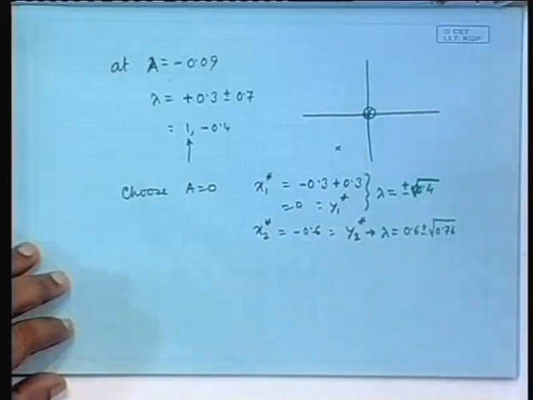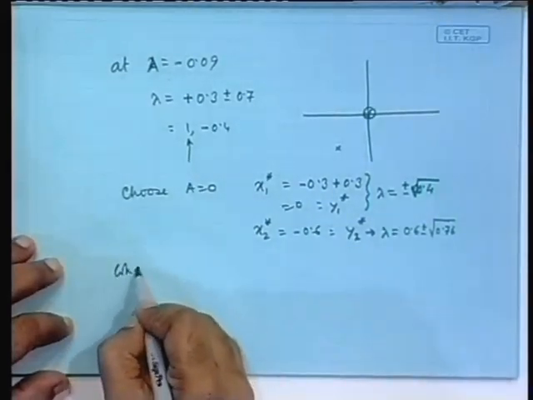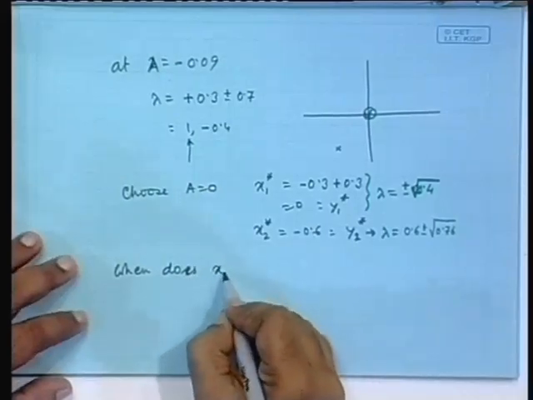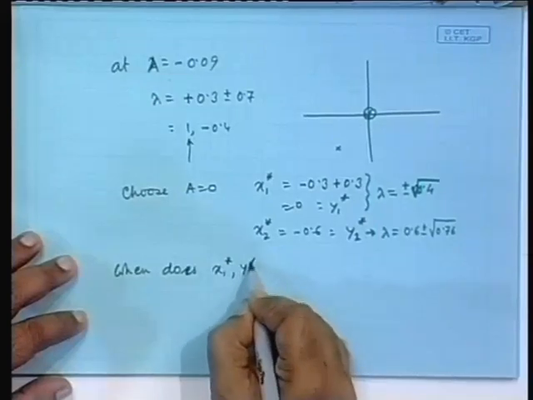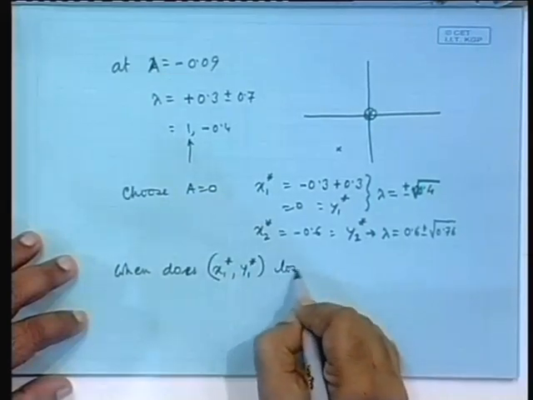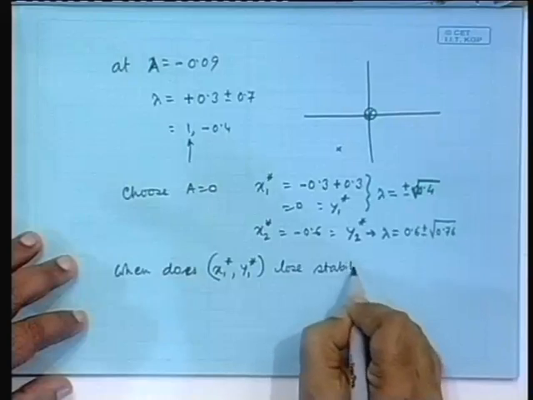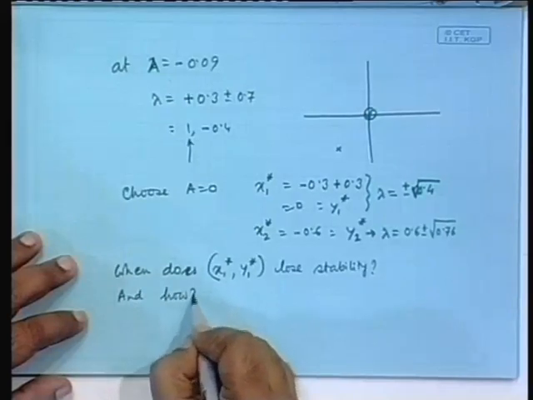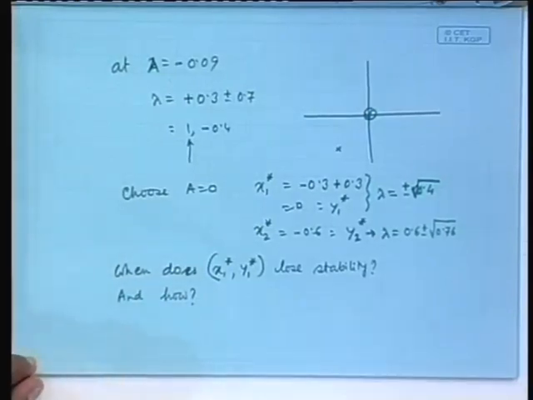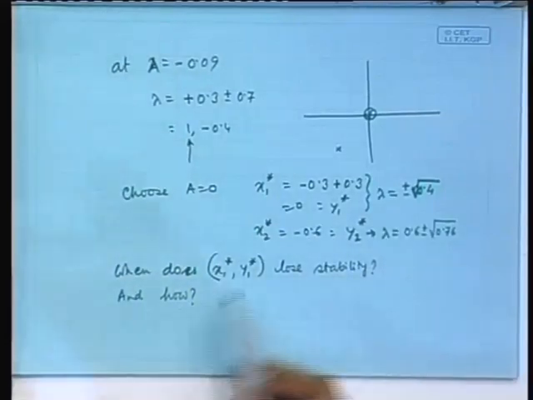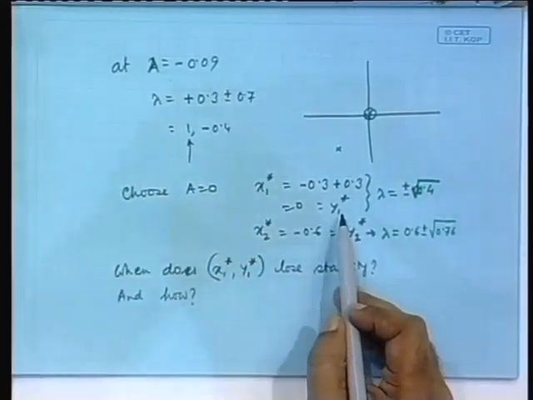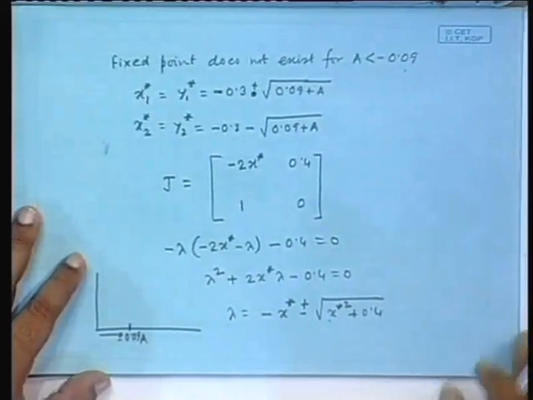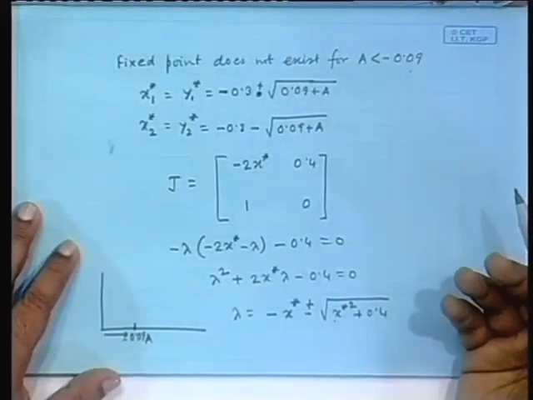The next question we are asking is, if we conjecture that it loses stability by having one of the eigenvalues reaching -1, then all that we need to do is to find out under what value of the parameter a that would happen.